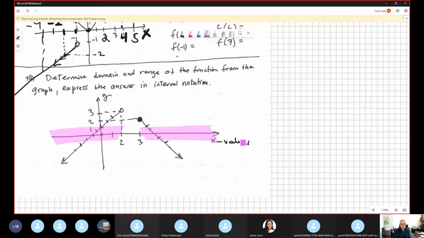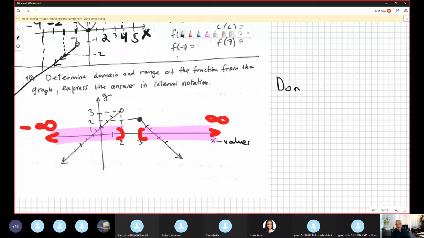Unfortunately, between 2 and 3, I created intentionally a gap where the function has no value. Okay, no problem. However, it includes 3. How do you know? Because it's closed, and it does not include 2. And it's extending in both directions, negative infinity and positive infinity. So now let me write formally.